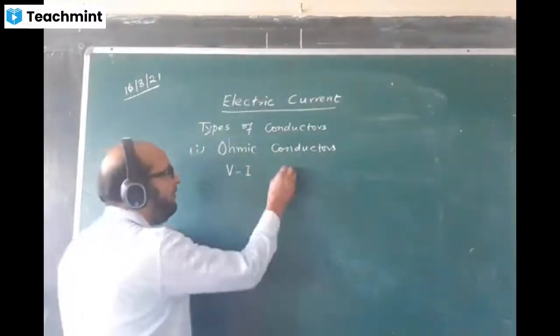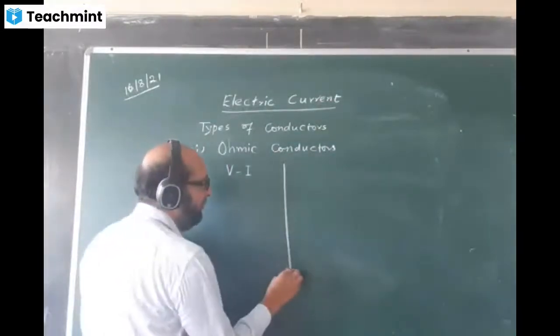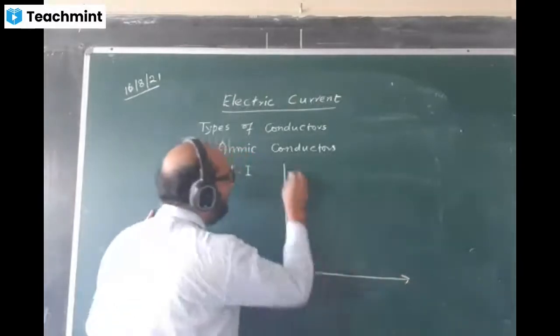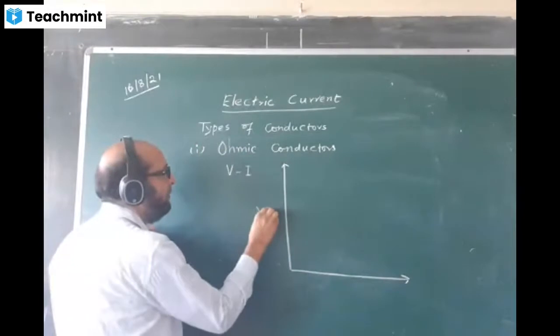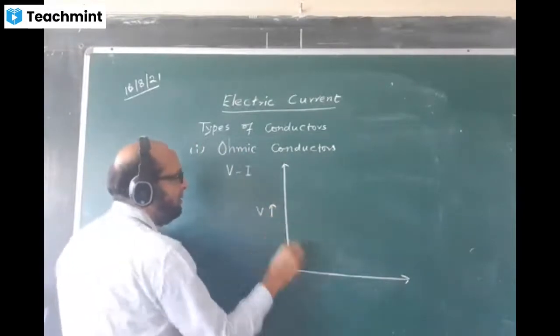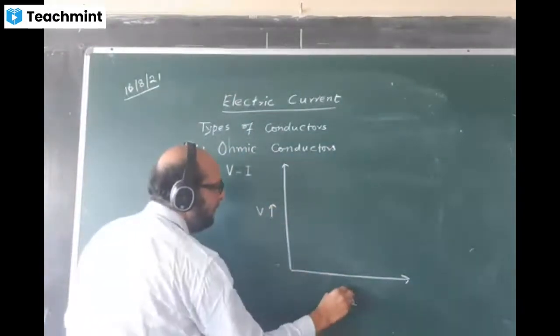Okay. We draw a voltage current graph. A rough graph will do. We don't need graph paper for it. First is V, so V will come here. Next is I, so I will come here.